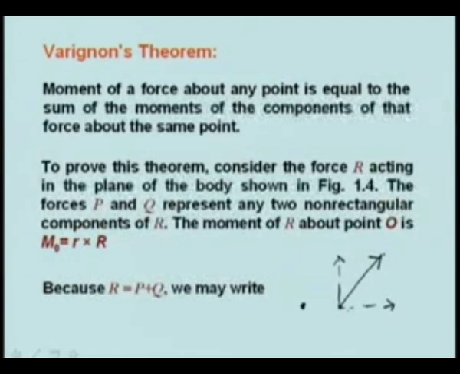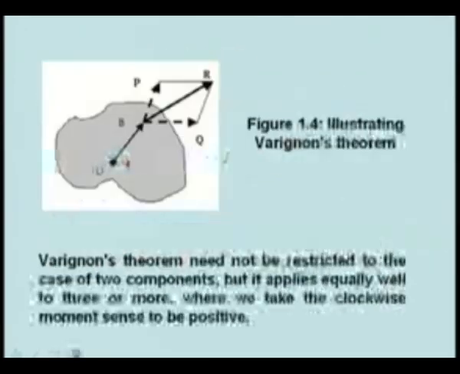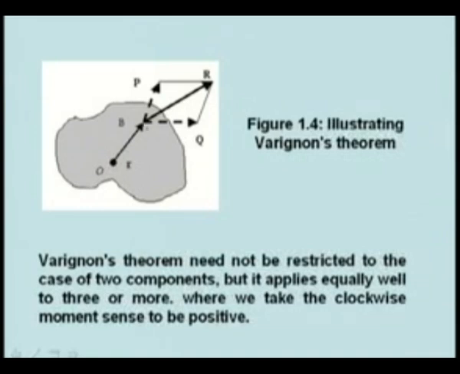This theorem can be easily proved. To prove this theorem, consider the force R acting in the plane of the body shown in this figure. Suppose we have got this point O. Now in that a force R is acting.